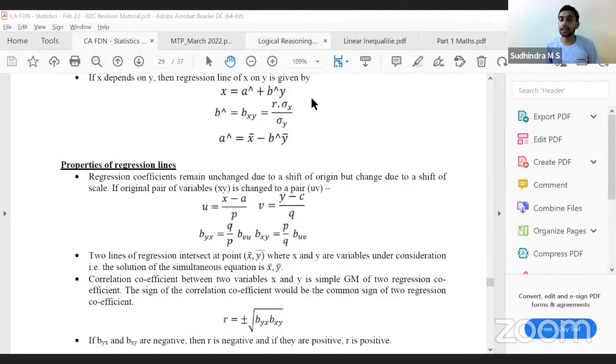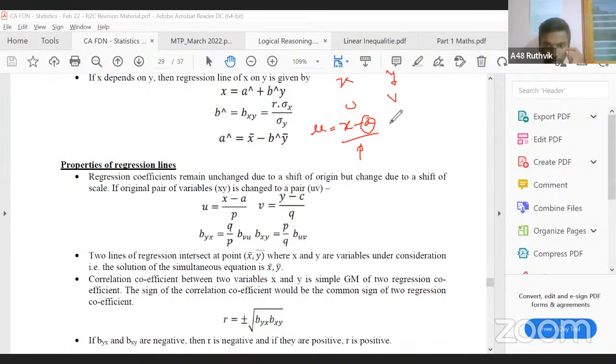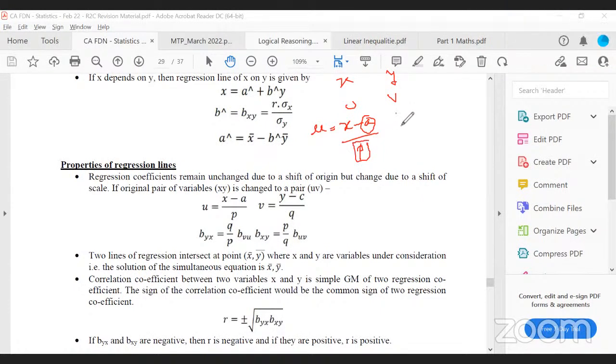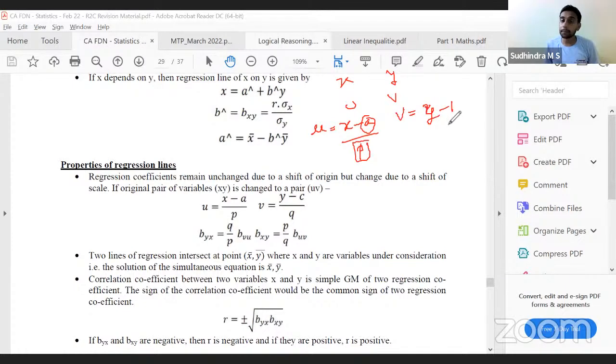So if x and y are the two original variables which have been changed to u and v, how are we changing it? U is equal to x minus a by p, where a is the change of origin and p is the change of scale. V will be equal to y minus b by q.